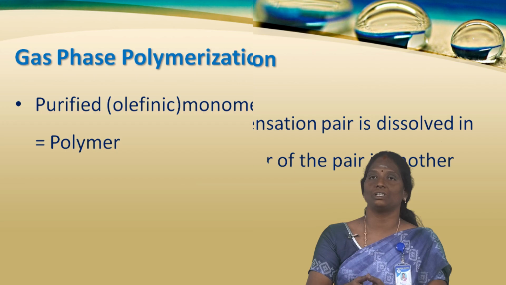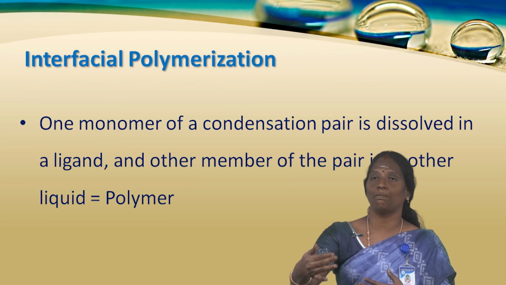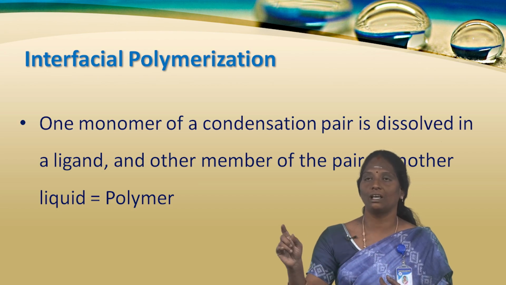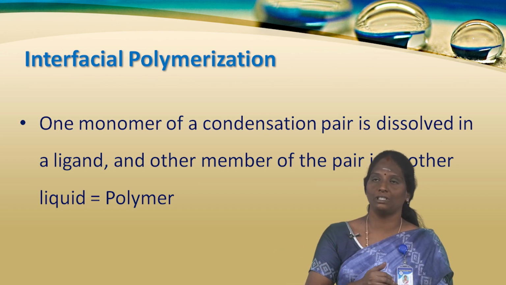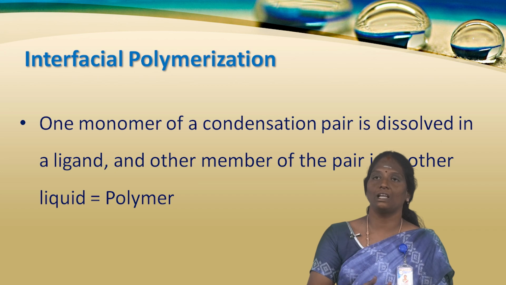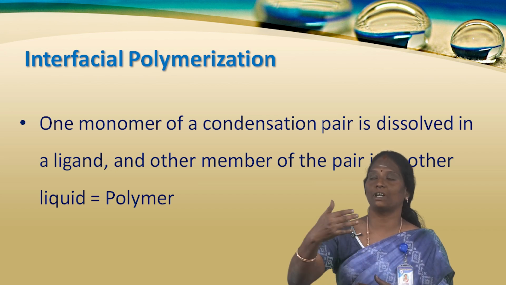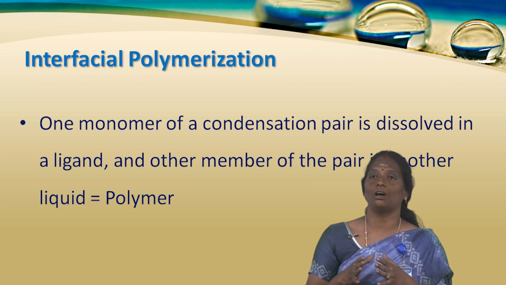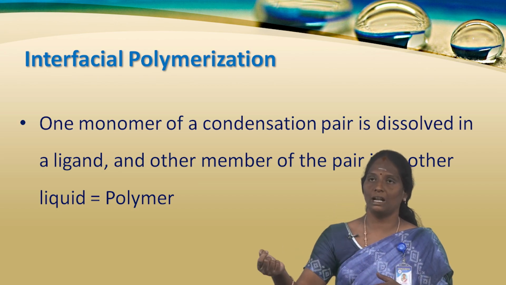Last polymerization technique, interfacial polymerization. A variation of solution polymerization is called interfacial polymerization. In this method, one monomer of a condensation pair is dissolved in one liquid and the other member of the pair in another liquid. The liquids are insoluble in one another.